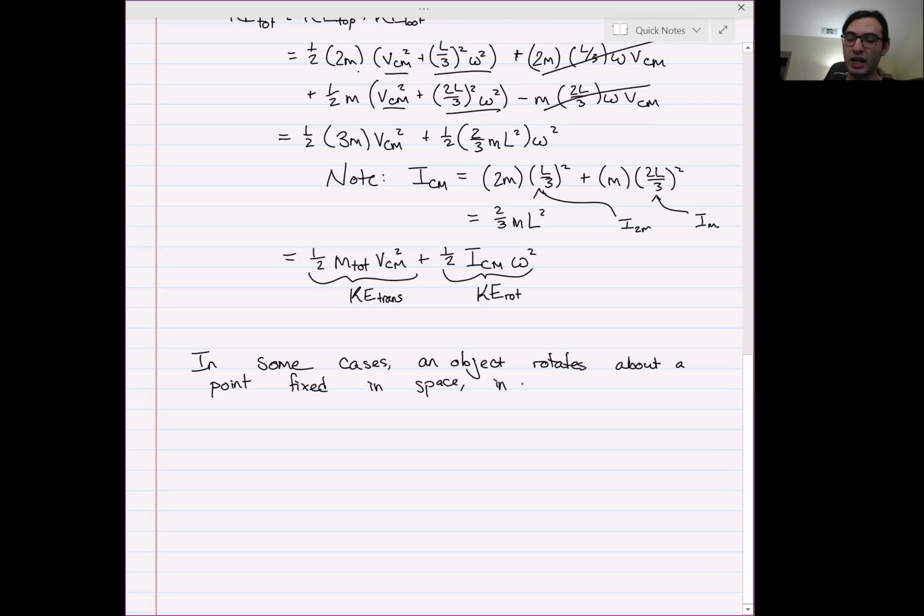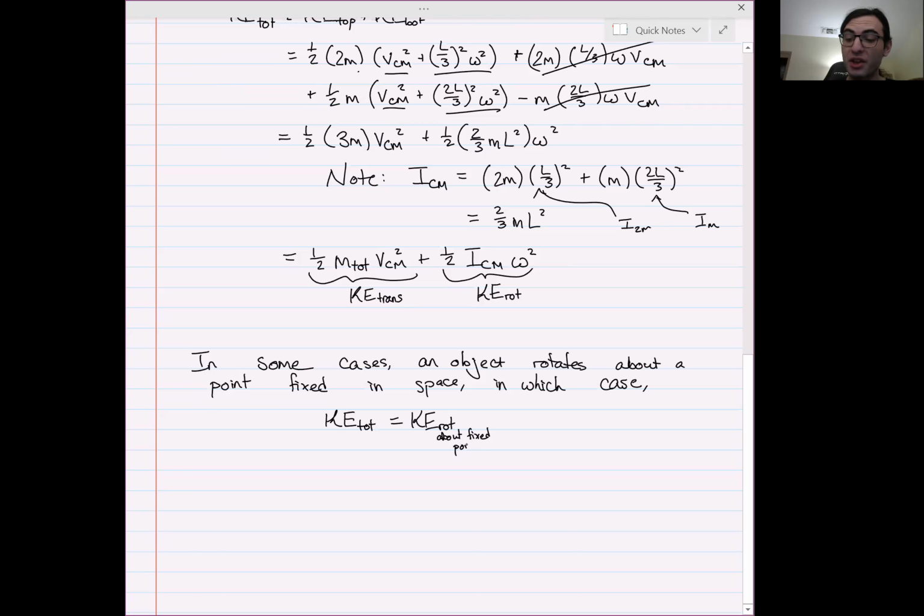But in that case, the thing to imagine here is perhaps like, again, you tie a rock to a string and you swing it around your head. It's rotating about a fixed point in space. So the center of mass is moving, but the point about which the system is rotating is not moving. But regardless, in that case, the total energy is just equal to the rotational kinetic energy about that fixed point.